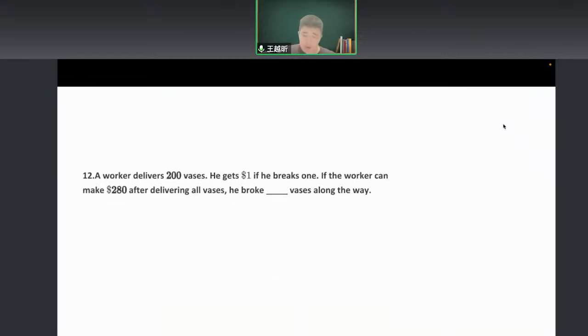Moving on. This question is similar to the chicken rabbit problem. I'll briefly introduce the method we're going to use, which is the hypothesis method, or you can say the assumption method.